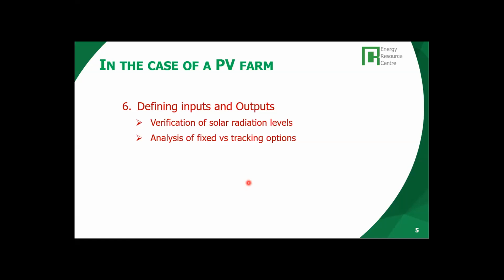And then another aspect would be to analyze and compare the generation options with a fixed PV field or with some tracking options. We presented that also a couple of weeks ago.